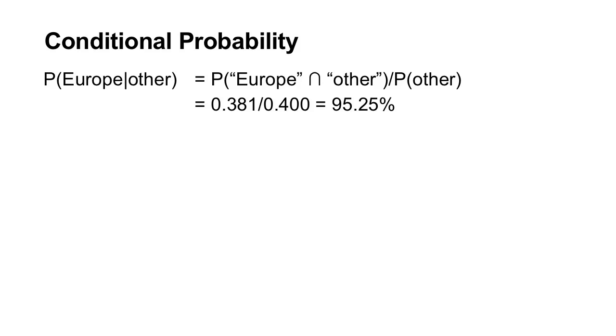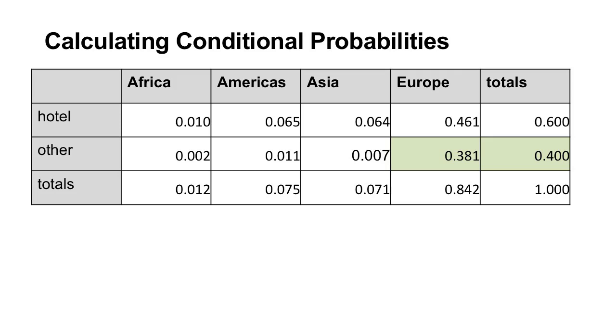Here we learn more than 95% of all overnight stays in other, in caravans, in camping grounds, in vacation houses or apartments, in youth hostels is from European visitors. And here in the table, notice what we did. We took the 0.381, the interior probability, Europe and other, and divided by the probability of other, 0.4. So you can just take the element from the interior of the table, divide it by the marginal probability, and voila, there's your conditional probability.